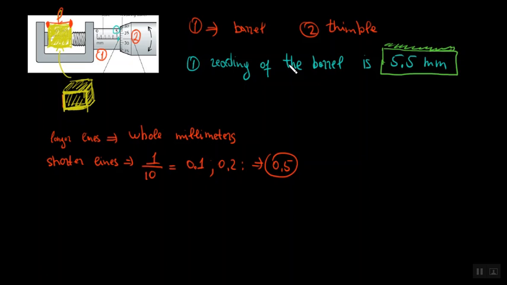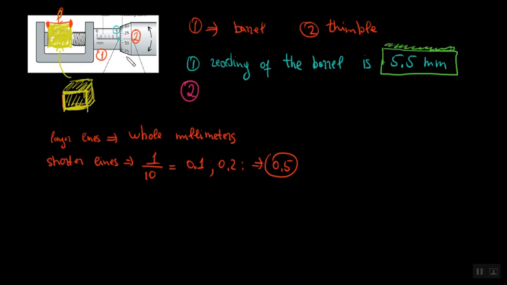Okay, it's 5.5. Now let's find the hundredths of the millimeter scale, the hundredths of millimeter accuracy scale, which is called the thimble. I'm going to write the thimble with another color, probably this one, pink.